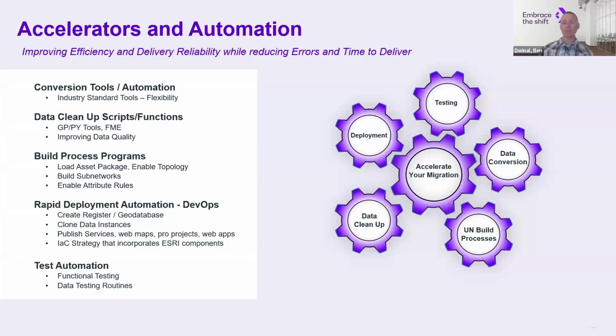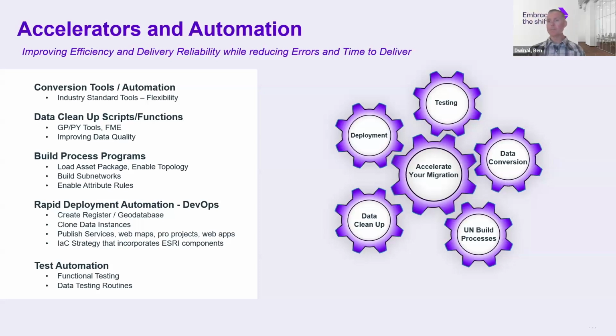Firstly, you want to have a conversion tool to support your data and system conversion that automates the movement of your data from your legacy systems to your UN data instances. This is going to improve your data quality, the quality of your conversion, and allow rapid and iterative data migrations.